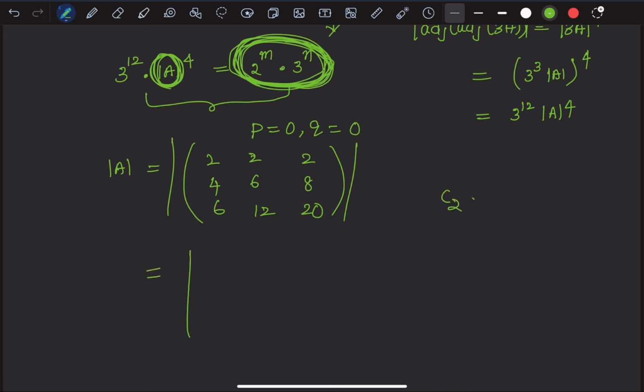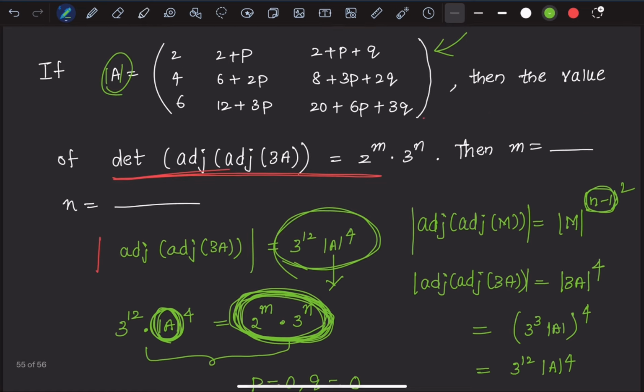Let us apply column operations. For C2, let us apply C2 minus C1. So this will be 2 4 6, this will be 0 2 and 6. Similarly for column 3, let us apply C3 minus C1. So this will be 0, this will be 4, this will be 14.